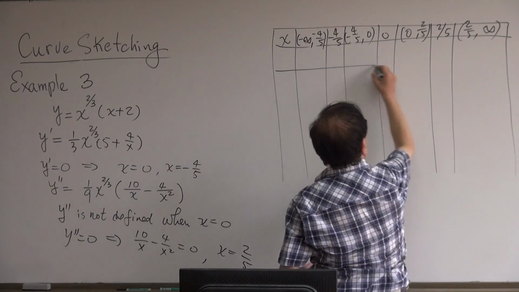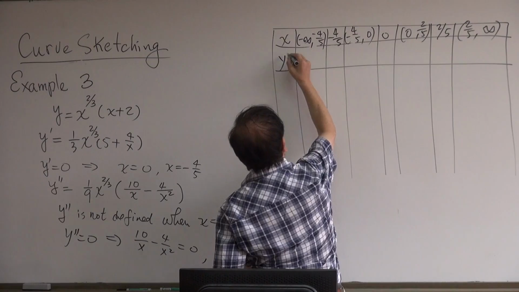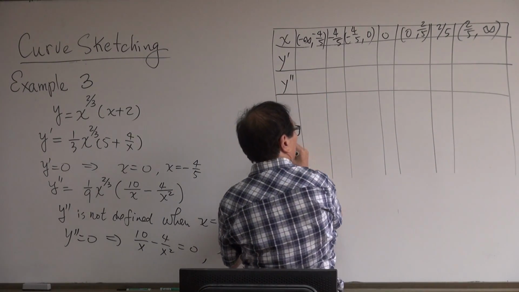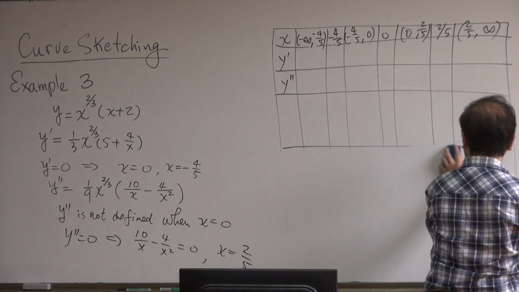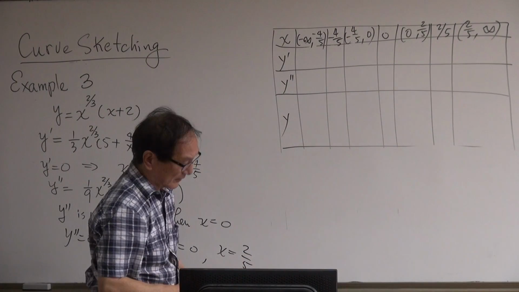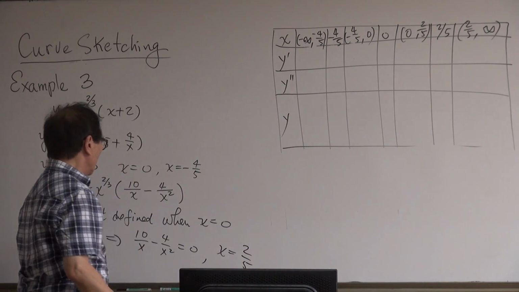Then we have the first derivative, the second derivative, and the shape of the curve, y.